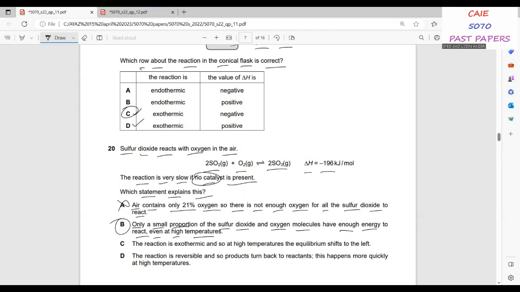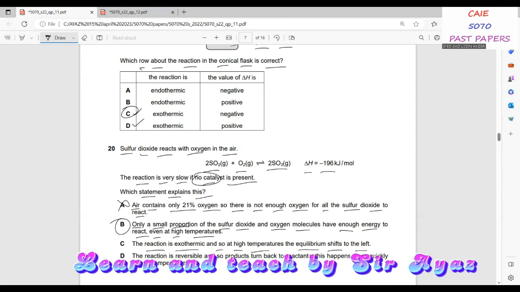For your convenience, I am reading the statements C and D also. C. The reaction is exothermic, and so at high temperature, the equilibrium shifts to the left side. They are talking about the shifting of the equilibrium. It has nothing to do with the absence or presence of catalyst. So C is wrong. D. The reaction is reversible, and so products turn back to reactants.